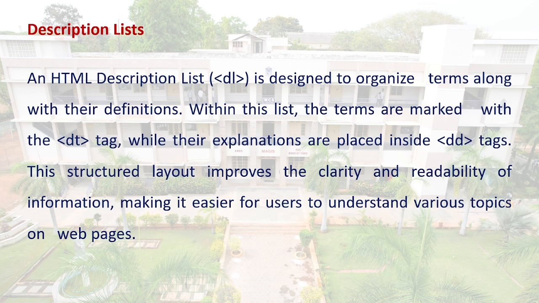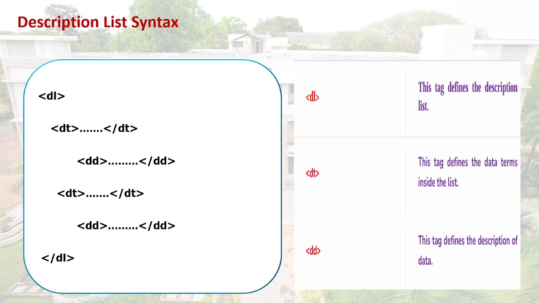So the DL tag is used to define the list, the DT tag is used to define the terms, and the DD tag is used to give a description about the terms. The syntax for this description list is DL. Here DL is a description list.